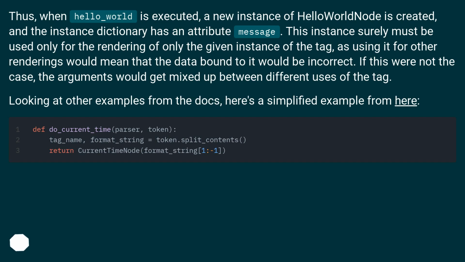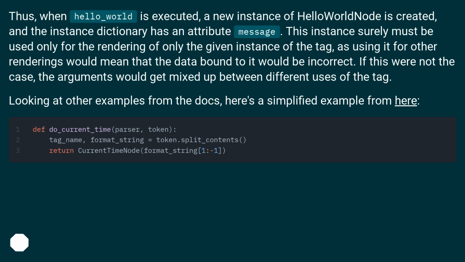Thus, when hello_world is executed, a new instance of Hello World node is created, and the instance dictionary has an attribute message. This instance surely must be used only for the rendering of only the given instance of the tag, as using it for other renderings would mean that the data bound to it would be incorrect. If this were not the case, the arguments would get mixed up between different uses of the tag.